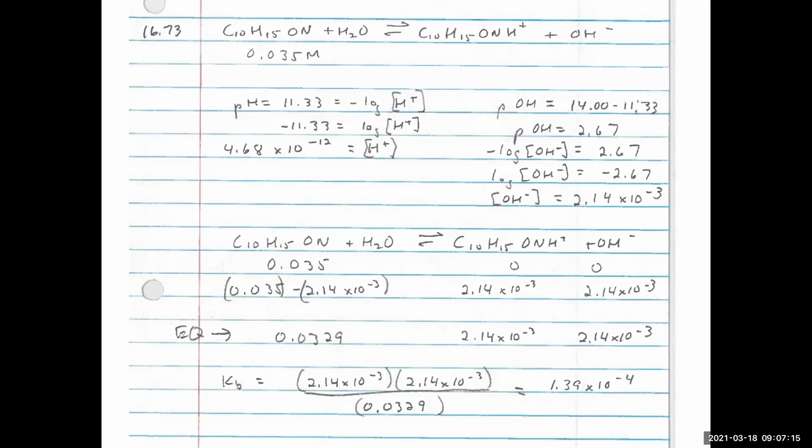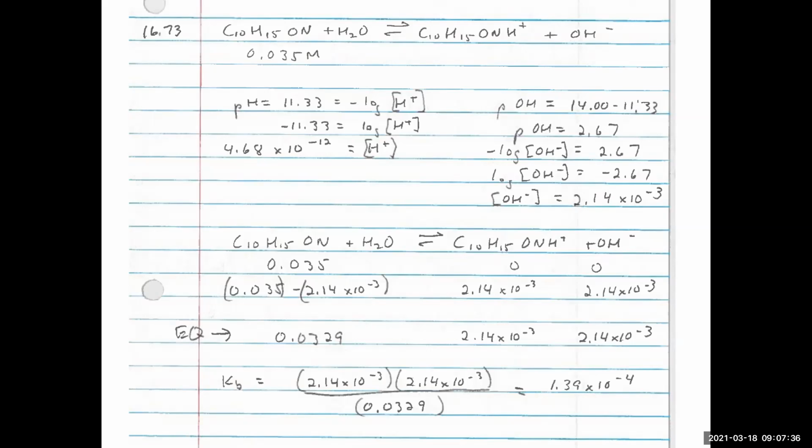If we go ahead and set up our table again, we have 0.035 we start out with, 0 and 0 of the cation and the hydroxide. And then we know how much hydroxide is present. That's that 2.14 times 10 to the minus 3. So I can fill that in.